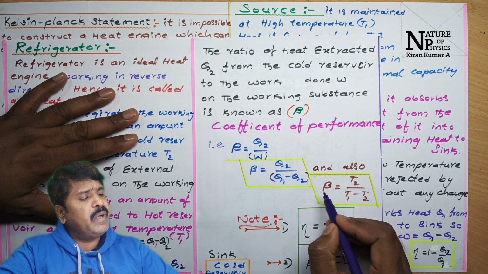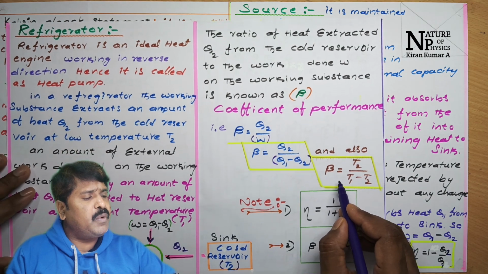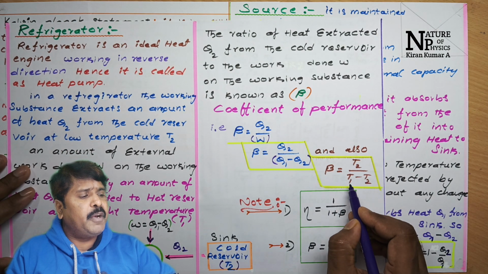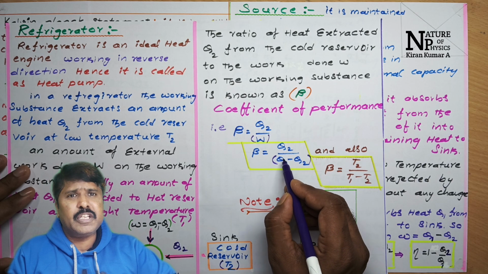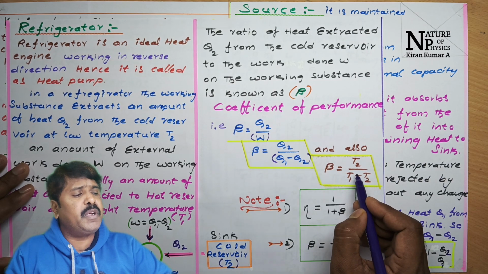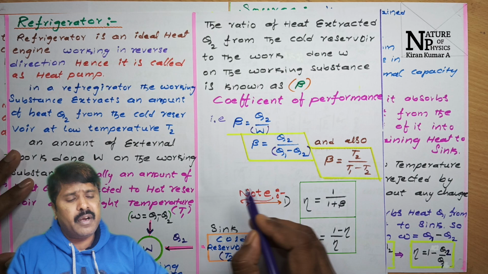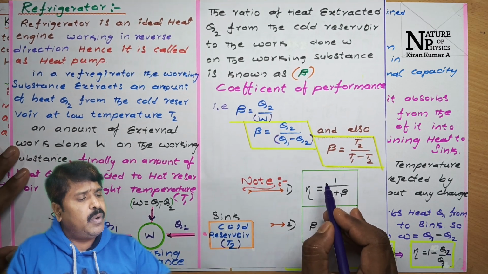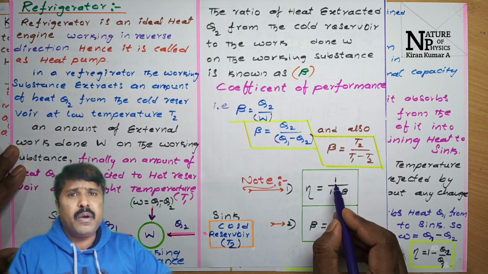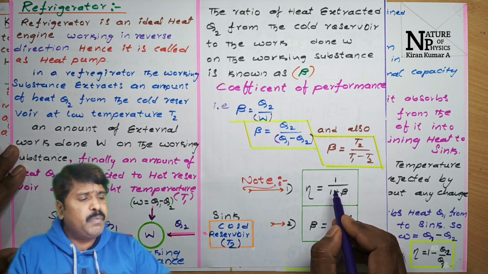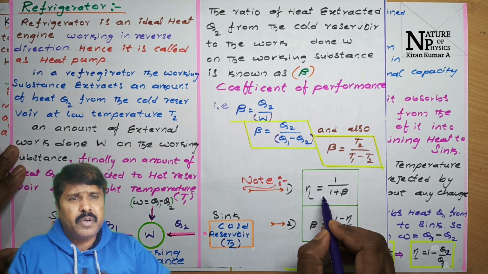And then in continuation we can write beta equal to T2 divided by T1 minus T2. Same here, this formula is with respect to heat, this formula is with respect to temperature, already we did the relation, student. Next there is a relation between neta and beta, useful only from the objective point of view, so for IP no need to write.